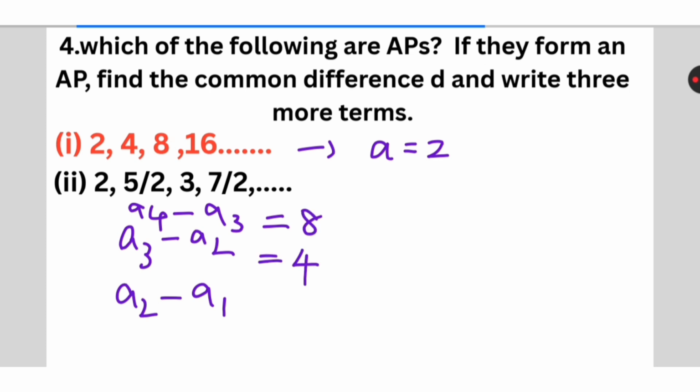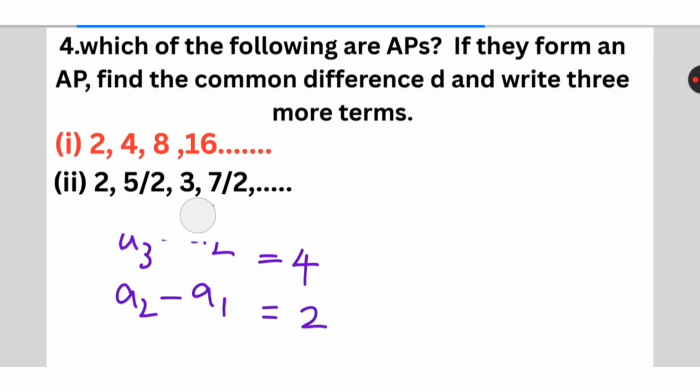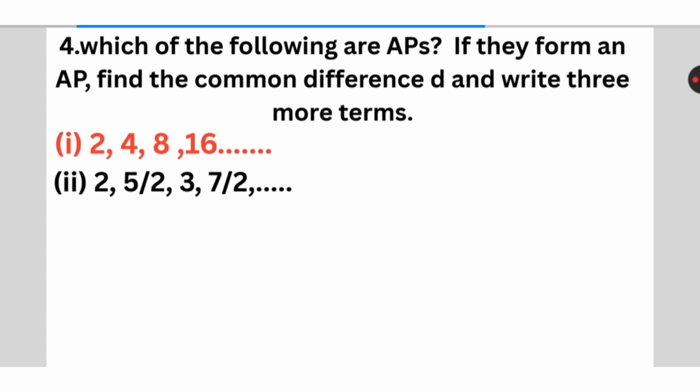Now let's do A2 minus A1. That is 4 minus 2, which gives only 2. Here the common differences are different. They are not the same, so this sequence does not form an AP. If it forms an AP, only then do you write 3 more terms. So here you simply write no, it does not form an AP. That's it. Let's check the second question, which is 2, 5 by 2, 3, 7 by 2.